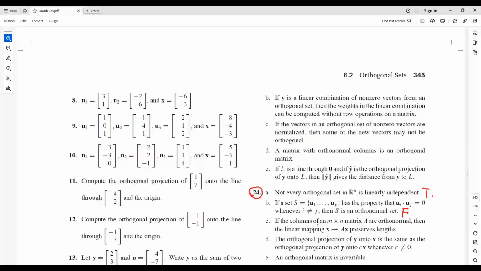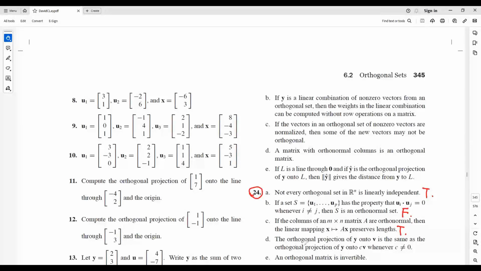C. If the columns of an m times n matrix A are orthonormal, then the linear mapping x to Ax preserves length. True. Thus we have this one.